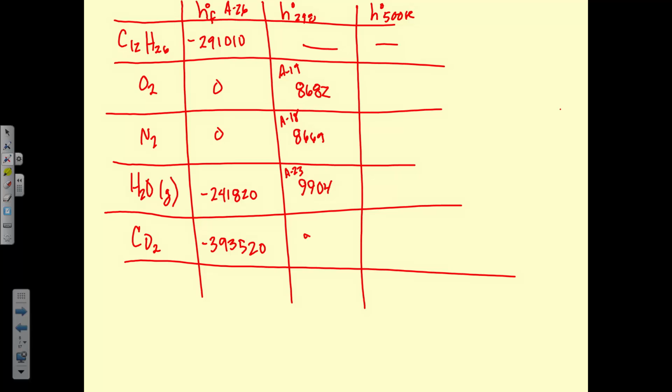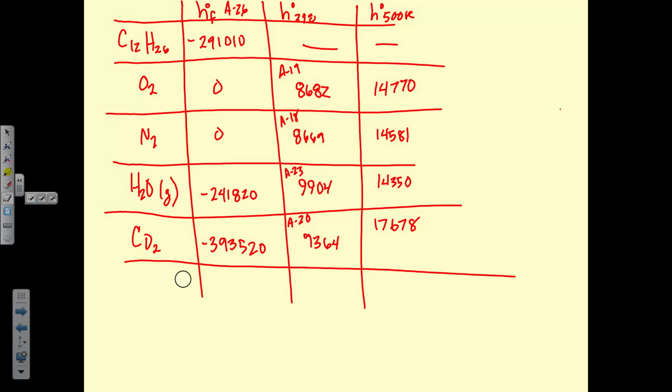And for CO2, 9364, that's table A20. We also look up the values at 500 K using those same tables. So we have 14770, 14581, 14350, 17678.